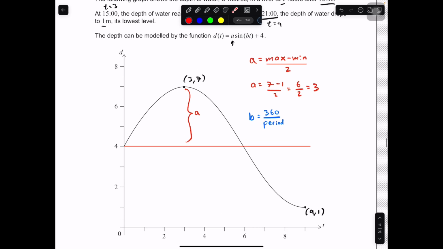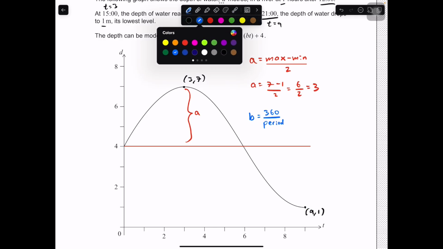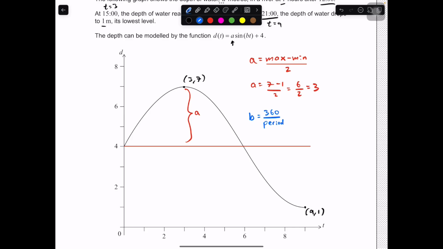So 2 marks is a little low, I think, potentially. But here we go. Period, how long does it take to complete one complete cycle? So we start at 3 hours, and then 6 hours later, we've gone from the highest to lowest. We've gone half a cycle. So period, let me write that out here.